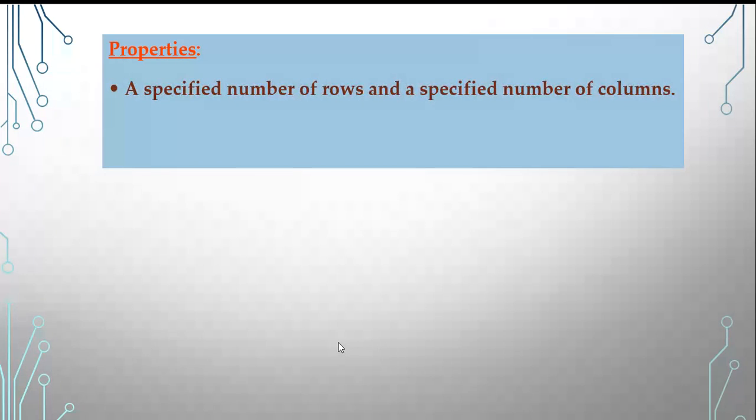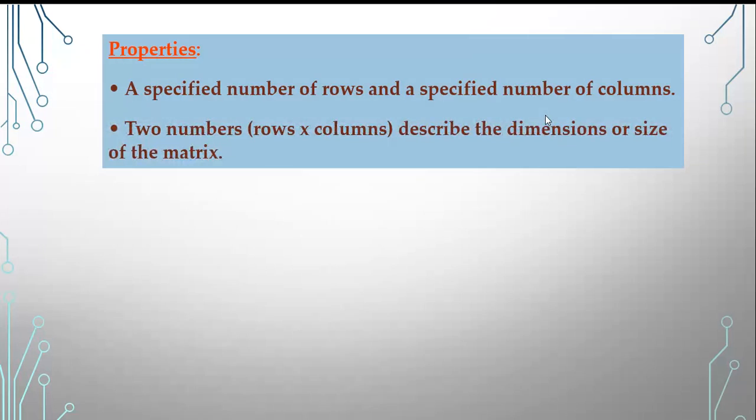Now the properties of the matrix: a specified number of rows and a specified number of columns. In a matrix we have rows and columns, and two numbers describe the dimension or size of the matrix. What two numbers?